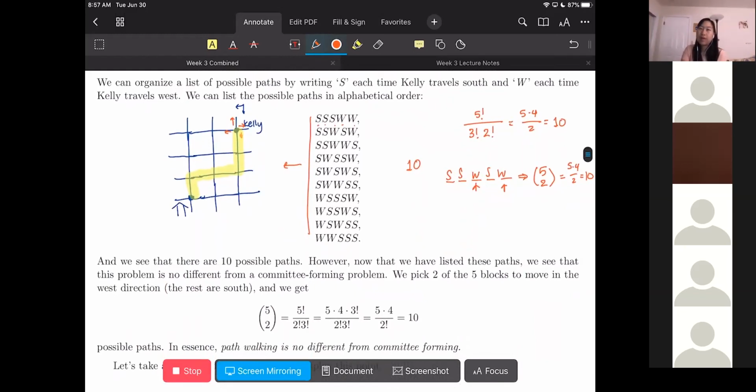And if we think about it in the second way of choosing 2 out of 5, that's basically what we were learning earlier about forming committees. We would want to pick 2 of the 5 blocks to move in the west direction, and the rest are south. And so that also gives us 10.